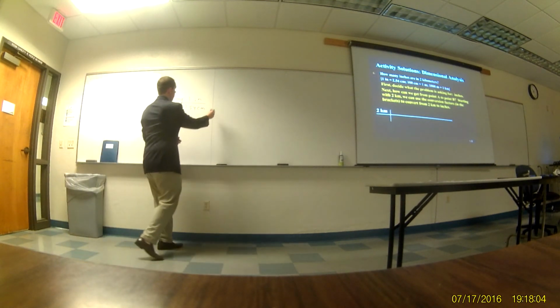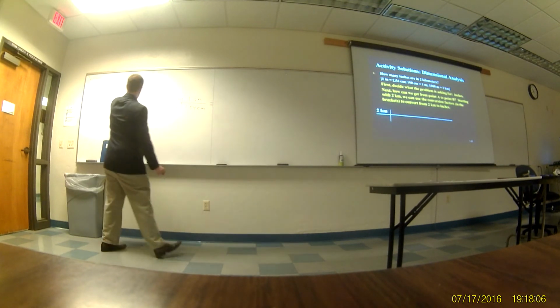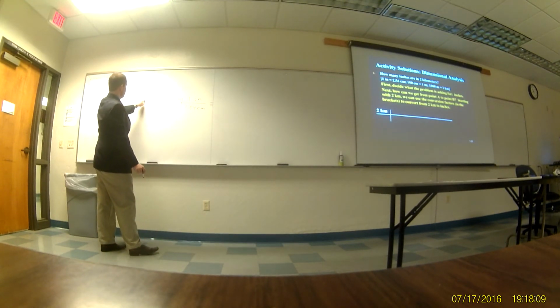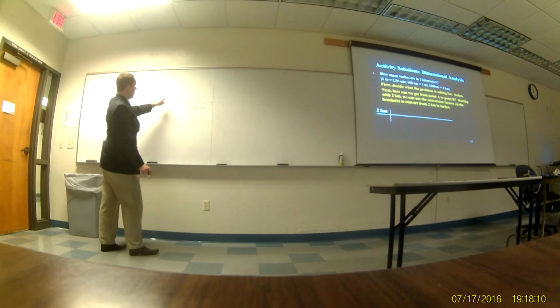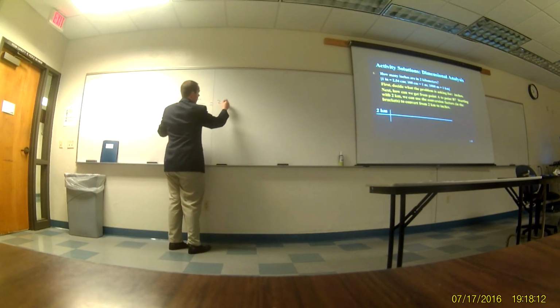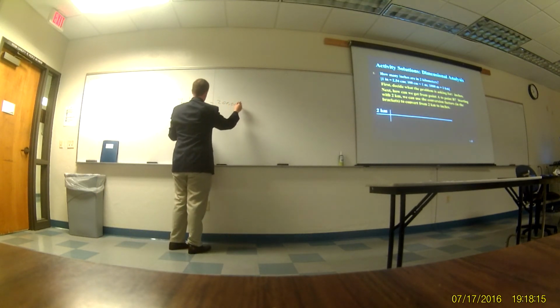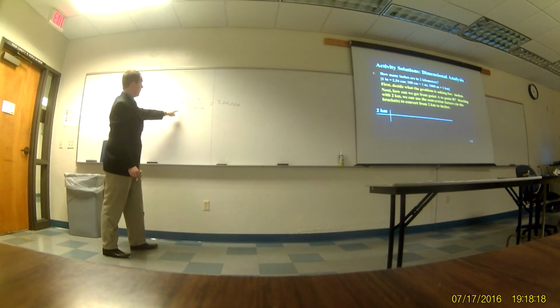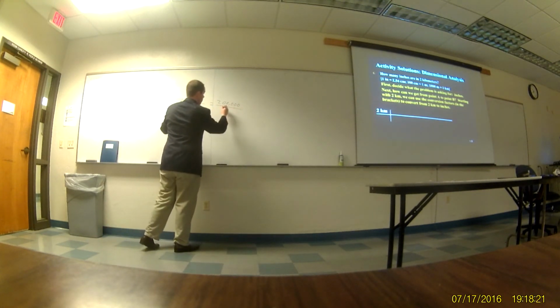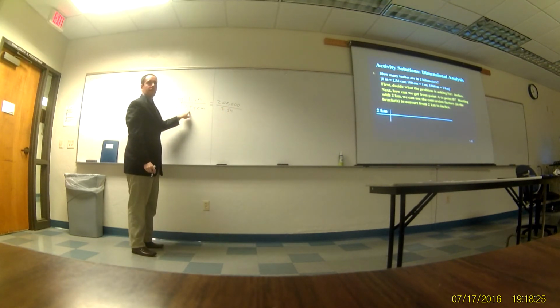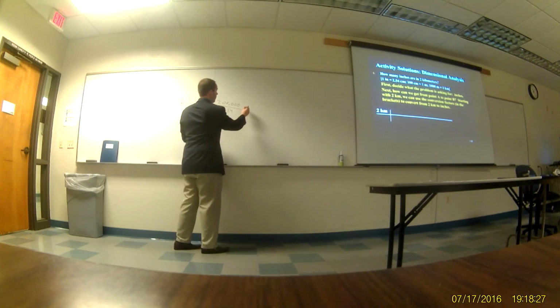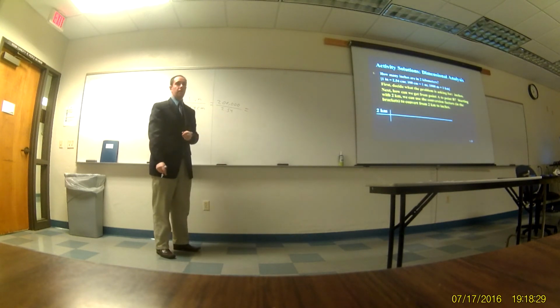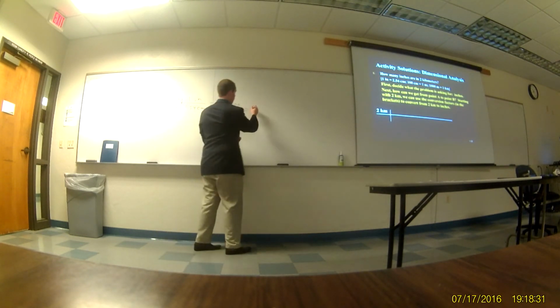Now I have to do the math. So I have 2 times 1,000 is 2,000 times 100 is 200,000. On the bottom, I have 1 times 2.54 equals 2.54. What is 200,000 divided by 2.54? 78,740.